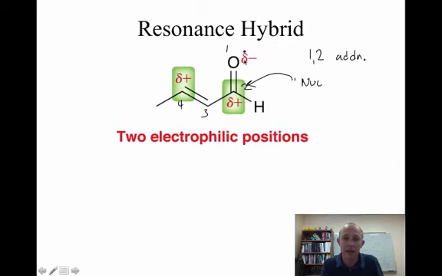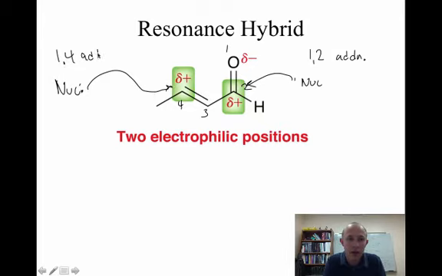So we're going to add something to this oxygen and we're going to add something to this carbon like a Grignard reagent, as we're going to see on the next slide. If I'm a nucleophile and I add here, that's going to be called a 1,4 addition or a conjugate addition.